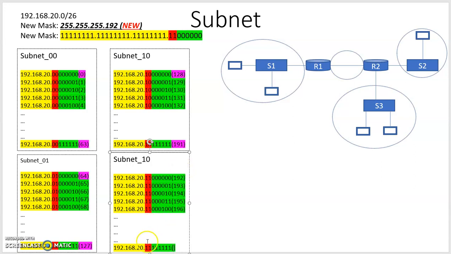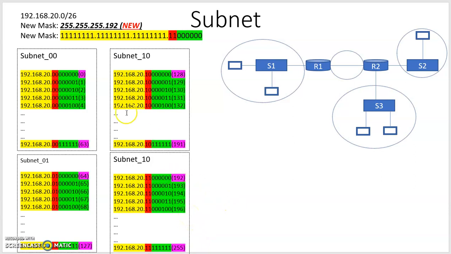Let's count: 1, 2, 3, 4, 5, 6, 7, 8 ones. So what is 8 ones? 255. This last one is the broadcast address for subnet 11, and this one is the network or subnet address of subnet 11.